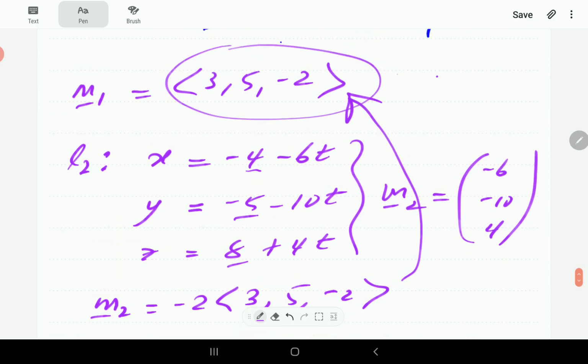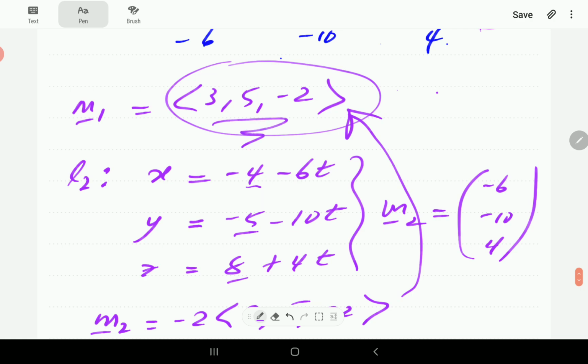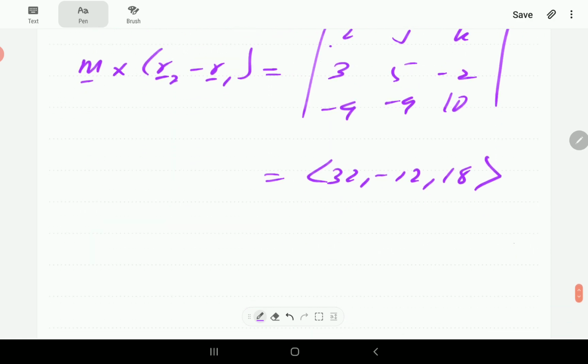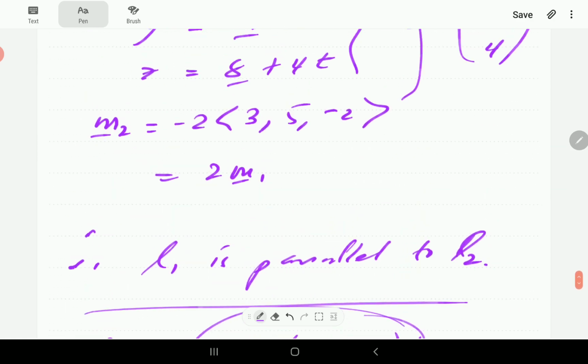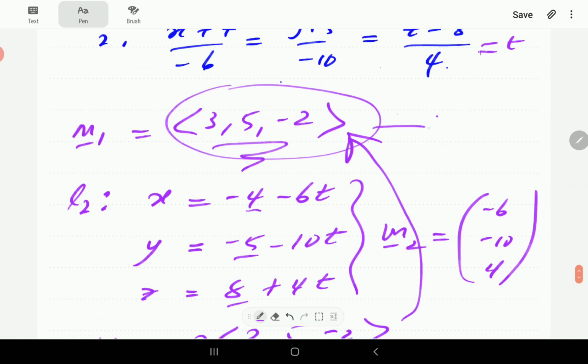Denominator is just going to be the magnitude of this vector, and then we find that rho is going to be 2 square root 373 all divided by the square root of 38, which is simply the magnitude of M here. And so that's going to be the distance between those two parallel lines.